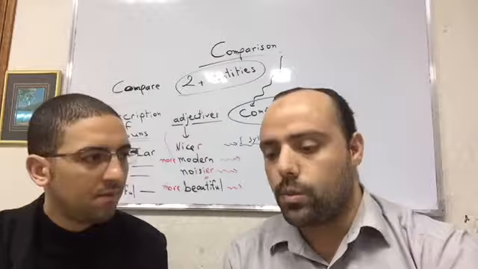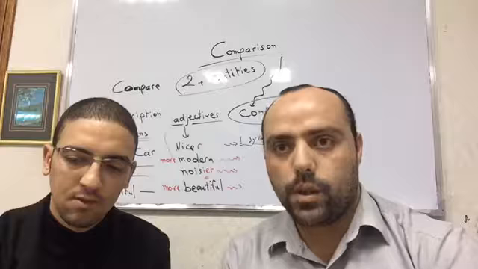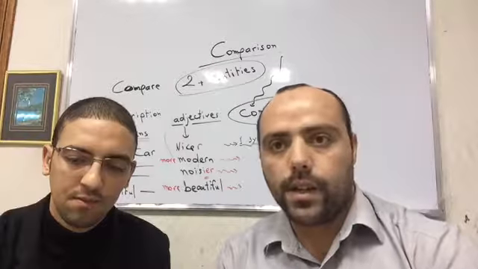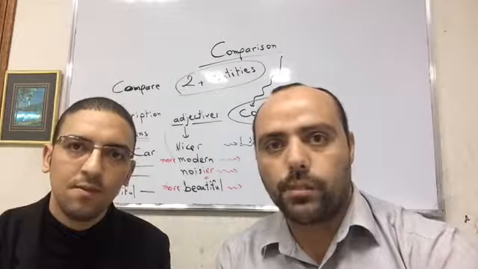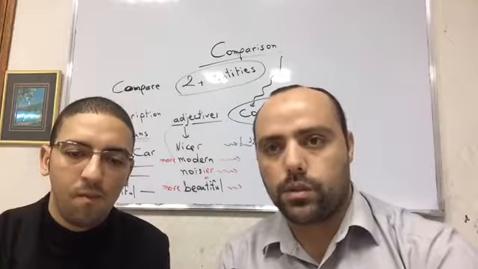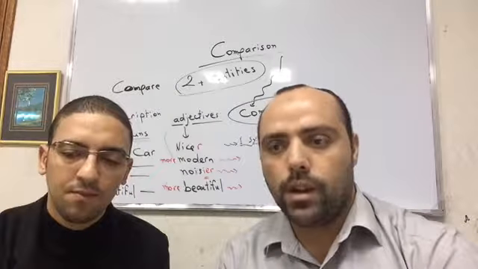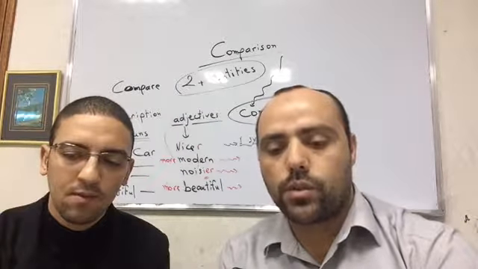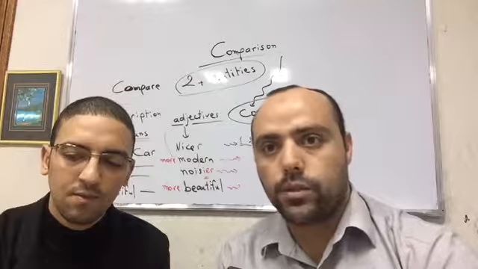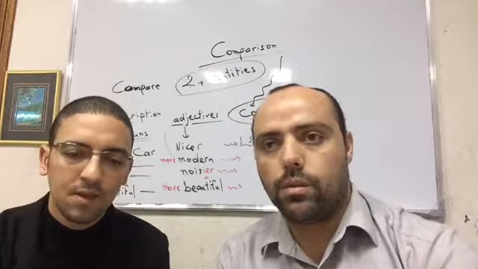I think today we're going to focus on the superlative form. Remember that with the comparative form, you're just going to compare between two things, two people, two animals, just two nouns. But with the superlative form, you're going to compare between one and a group, a noun and a plural noun, or the rest.